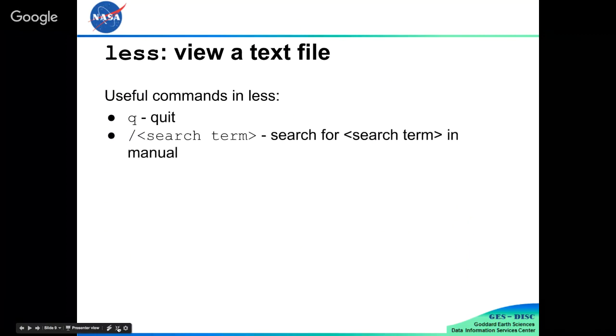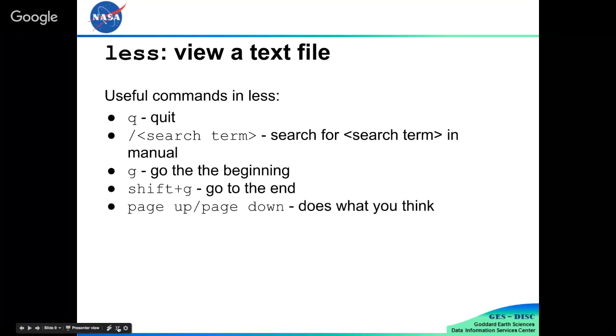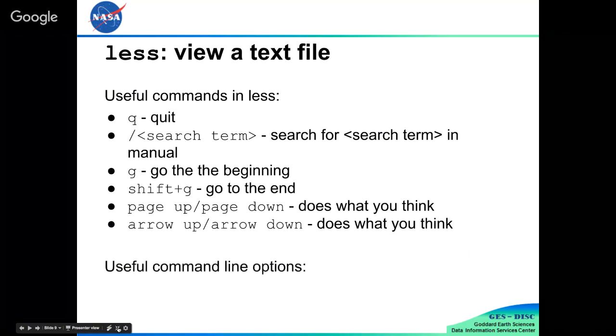Slash, and then you can enter a search term if you're looking for something in the file. G goes to the beginning, Shift G goes to the end, page up and page down work, which is nice because they don't anymore. Arrow up, arrow down, and just look it up. There's tons of stuff about less, but if you haven't used less, use less.